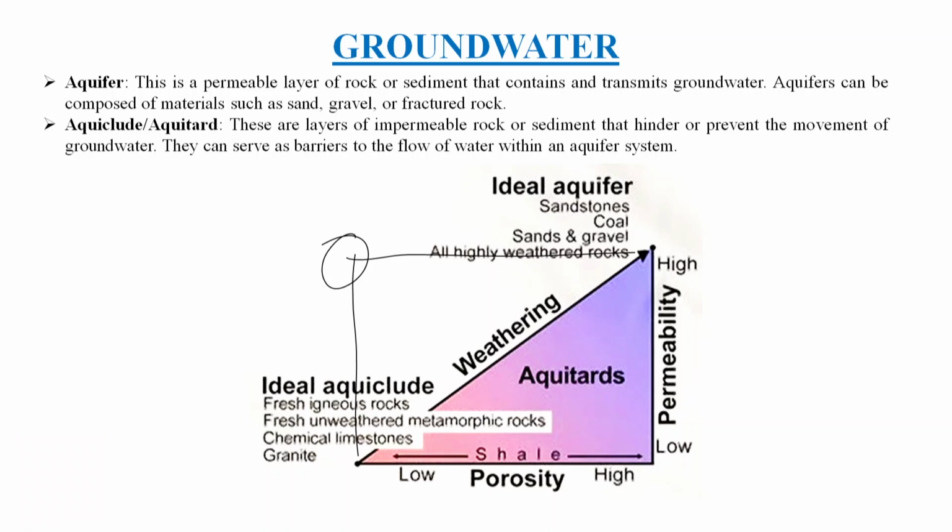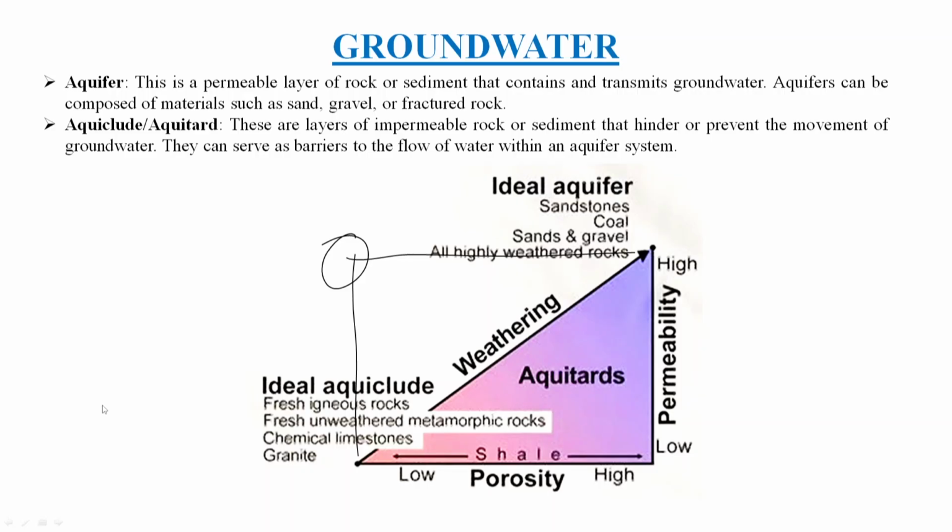But that is not possible naturally, because if a rock is not porous at all, then it can't be permeable in any case. That is why you do not have this other side of the rectangular graph, and by eliminating this possibility it becomes this triangular diagram, with porosity on one side and permeability on the other.